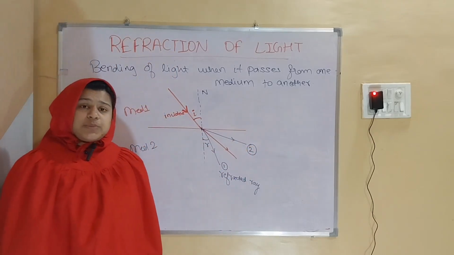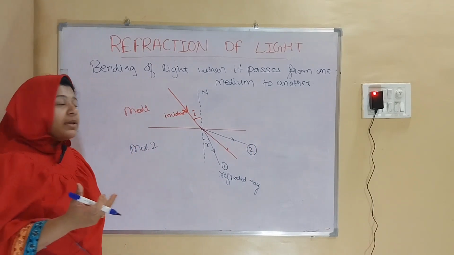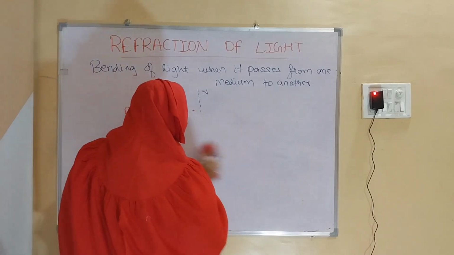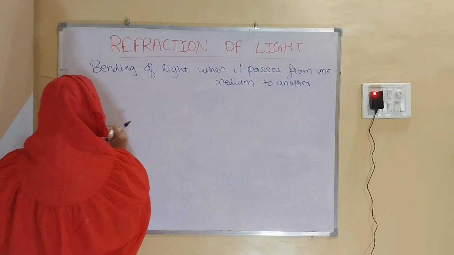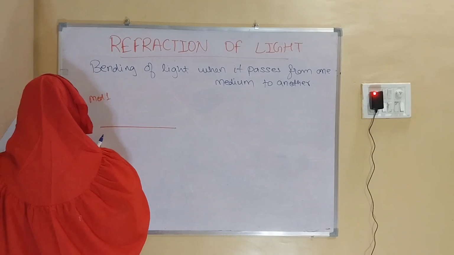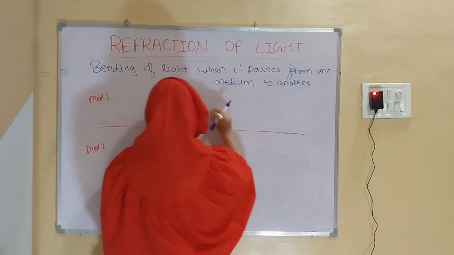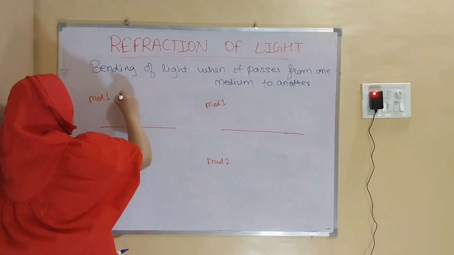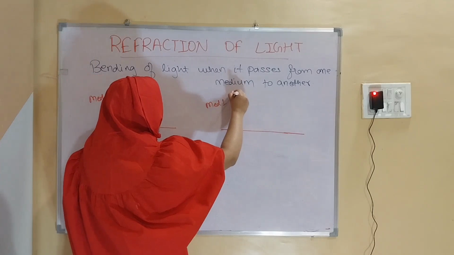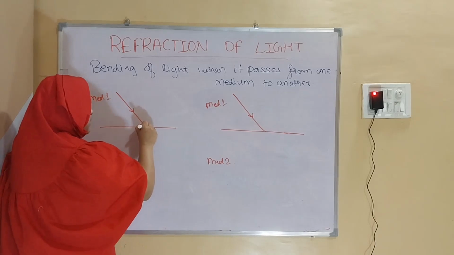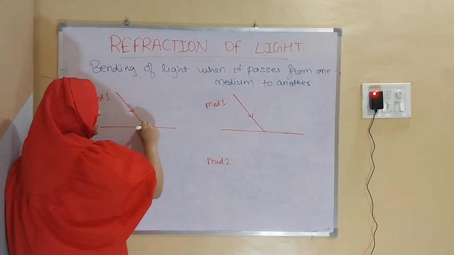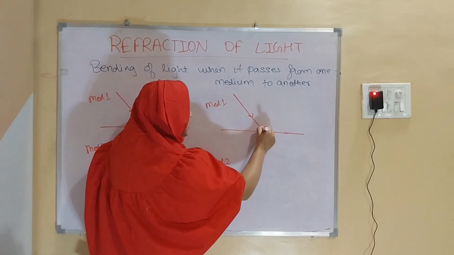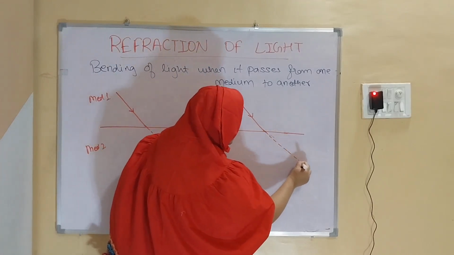So now what is the difference between the two, when does this happen, and what is the difference between them? Okay. So let us make the two diagrams separately. And here the second one. This is the light ray which is incident, and this is the original path for the ray of light. And here too, this is the original path for the ray of light.